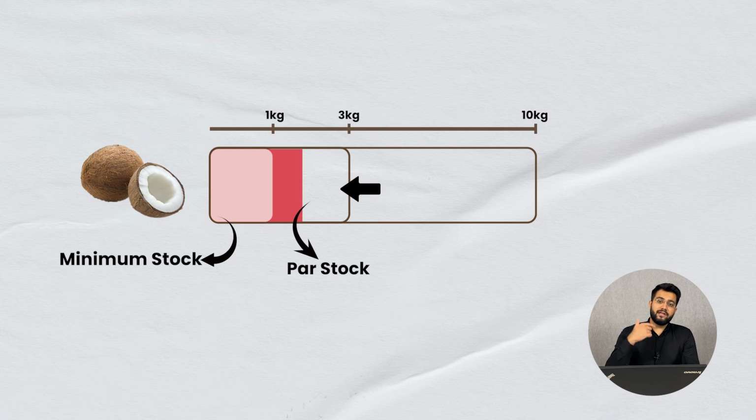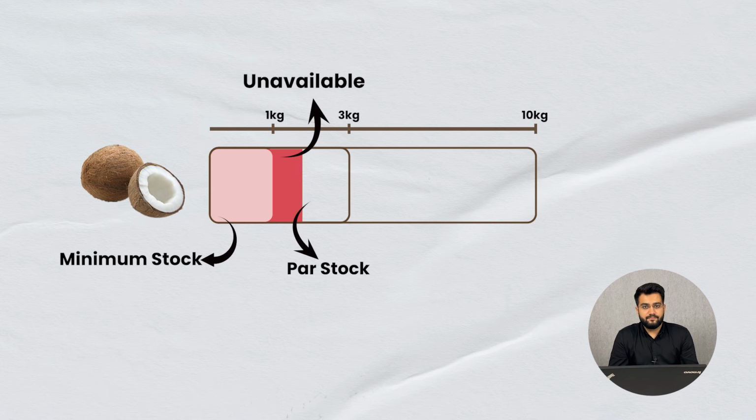So you'll have to deliver the order even though it goes beyond the par stock, but during the next ordering cycle, the item will be marked unavailable. That is why we always recommend a buffer space between your par stock and your minimum stock, so you can cater to these kinds of emergency situations.